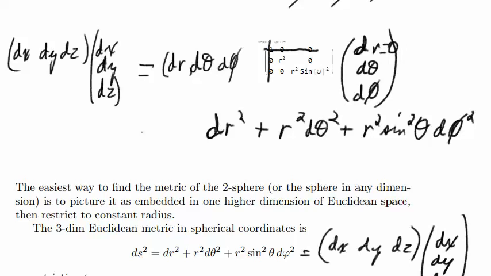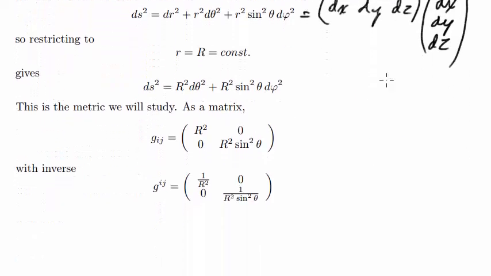So it's really still there, but this would be d theta, d phi, r squared, 0, 0, r squared sine squared theta.